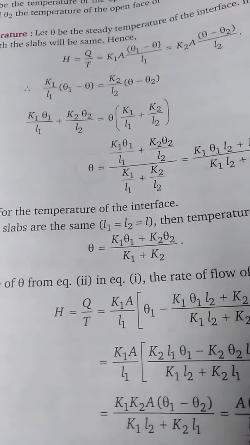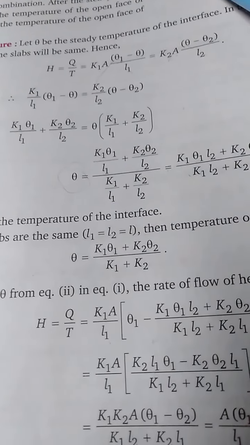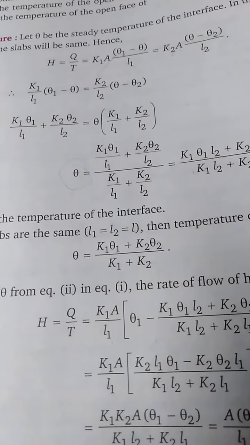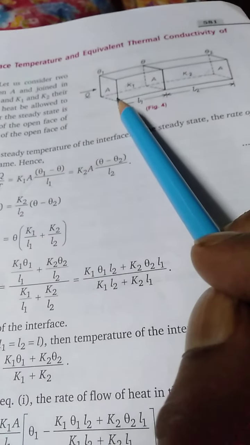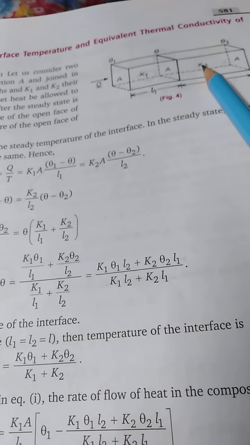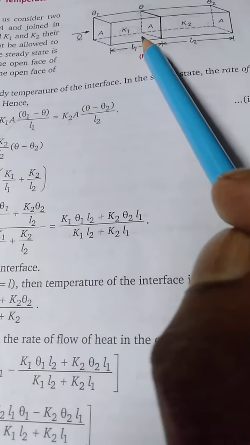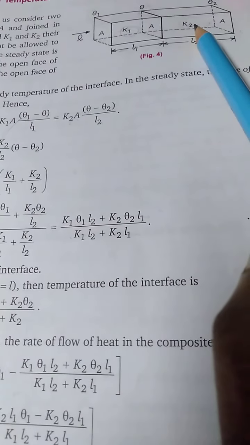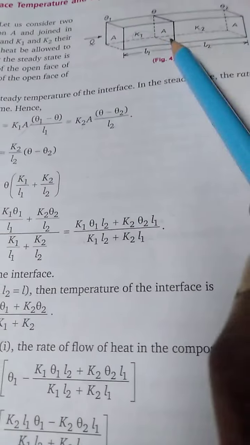Now we have to find what is the value of the equivalent thermal conductivity. Let us consider that this is a single block, actually made up of two different slabs having different thermal conductivities. But if we assume that these two are single, overall what will be the overall conductivity of the whole slab?